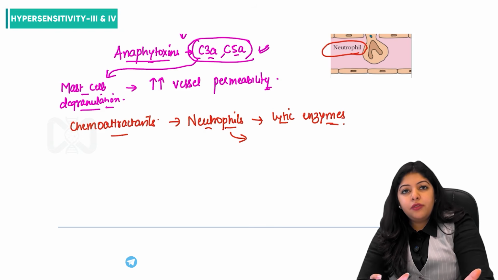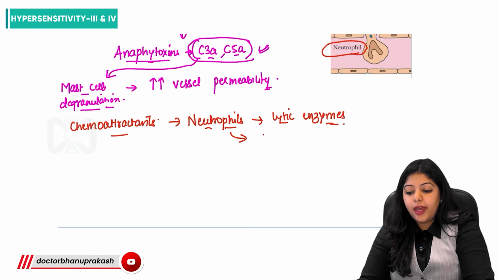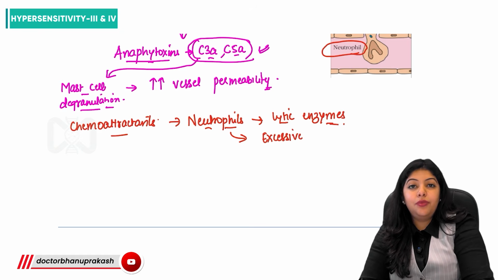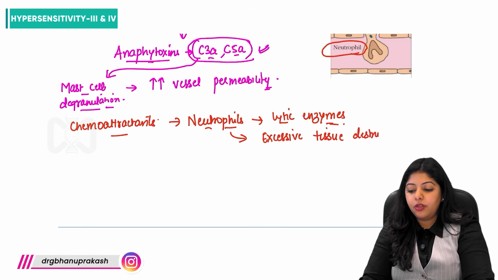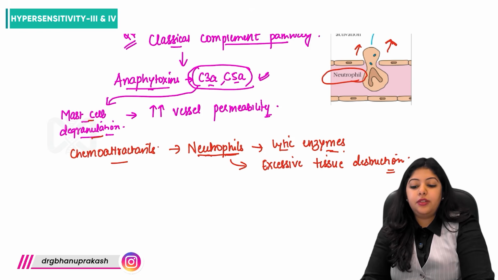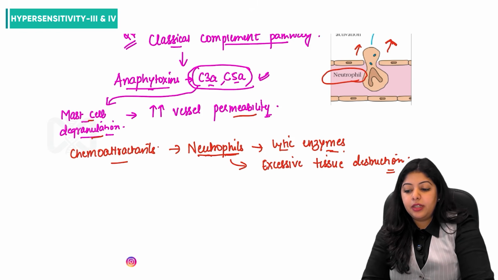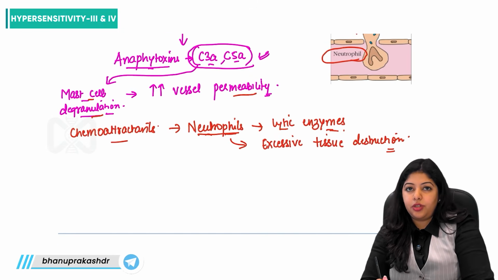Instead of acting as helpful cells, they lead to more and more excessive tissue destruction, right? So neutrophils are recruited, mast cells degranulate, vessel permeability increases. Ultimately, a lot of tissue destruction is happening.